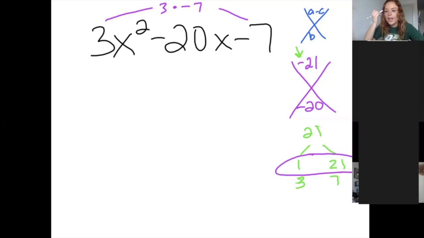We're going to keep that 1 and 21 in our head, and then we need to look at the sign of our b, which will tell us the sign of the bigger number. So the 21 would have to be negative and the 1 would have to be positive. Then I'm going to rewrite them in my x: positive 1 and a negative 21.